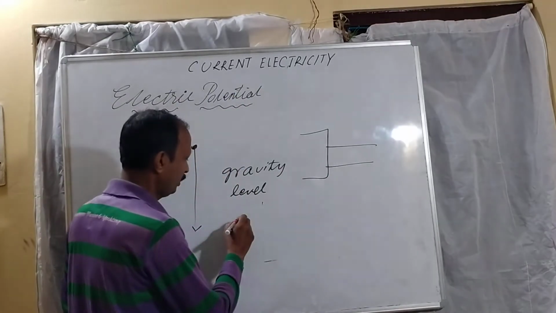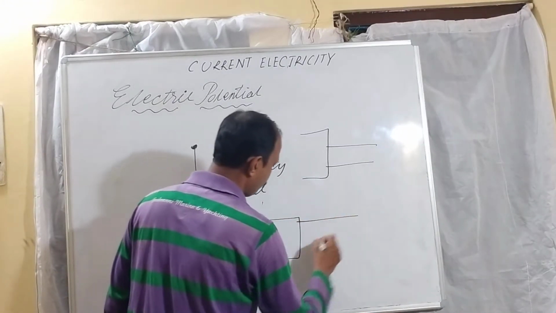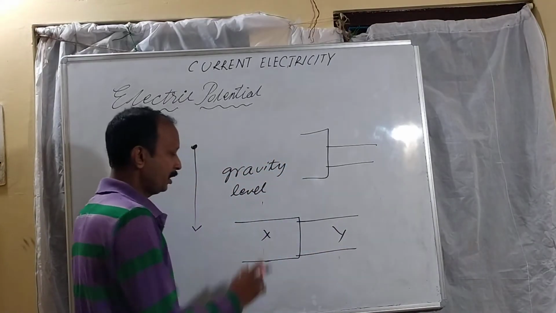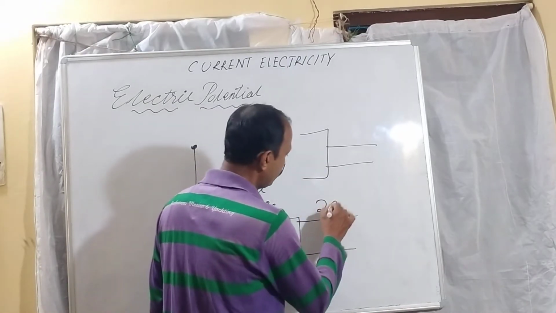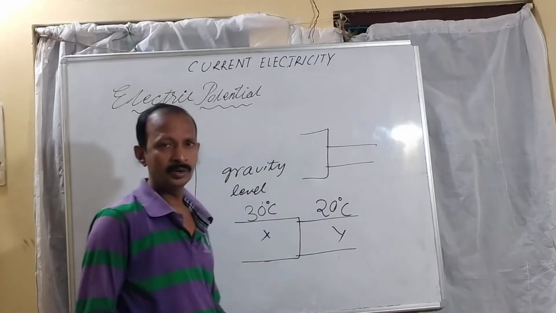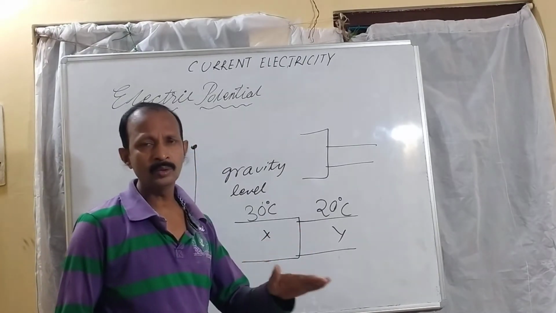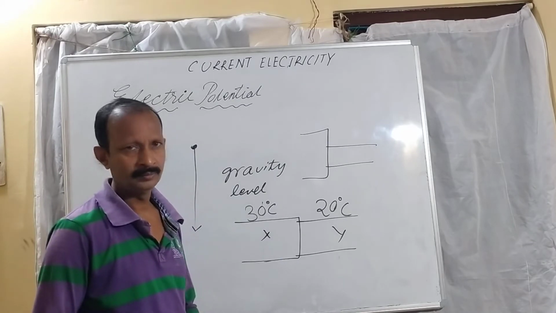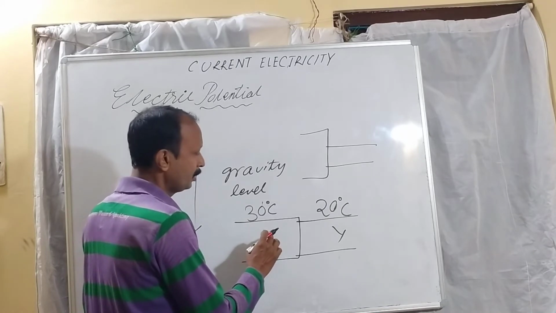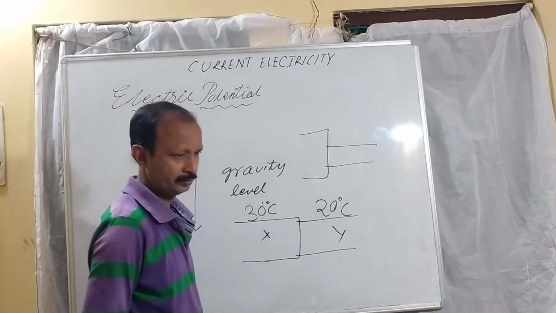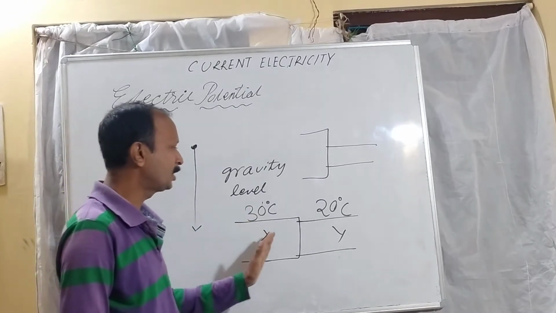Before that, one more example you see. Suppose this is object X, this is object Y. The temperature of object X is 30 degrees Celsius. Here it is 20 degrees Celsius. Now the two bodies are in contact. So due to the conduction of heat, you will find that heat will flow from body X to body Y. How did I say that heat will flow from X to Y?